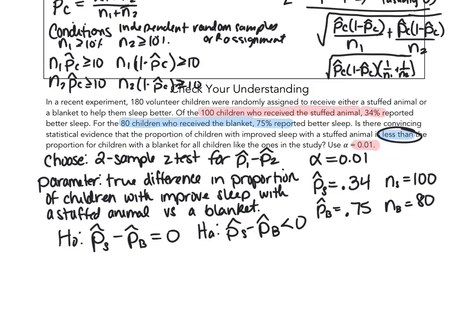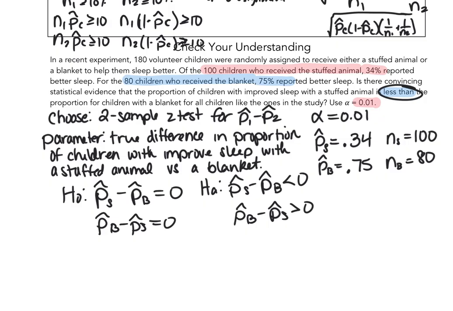So I could write it the other way around. I could do p hat B minus p hat S equals 0, and then my alternative would be p hat B minus p hat S is greater than 0. Either one is acceptable, even though the question says less than, but you just have to make sure it's the right direction. The B should be the one that's bigger.